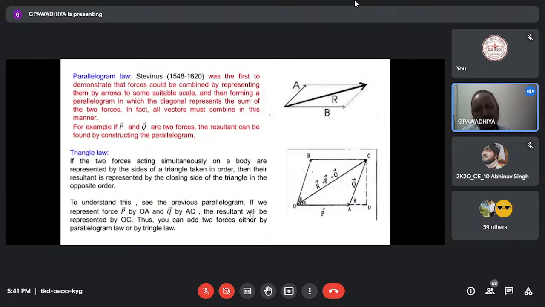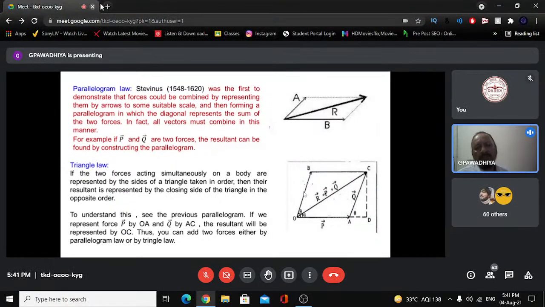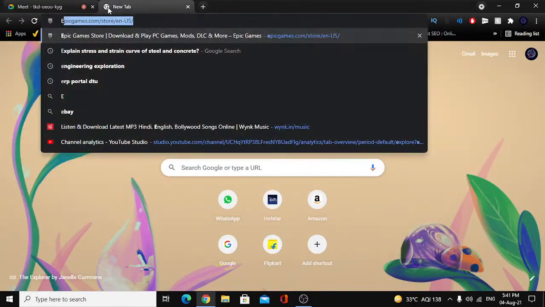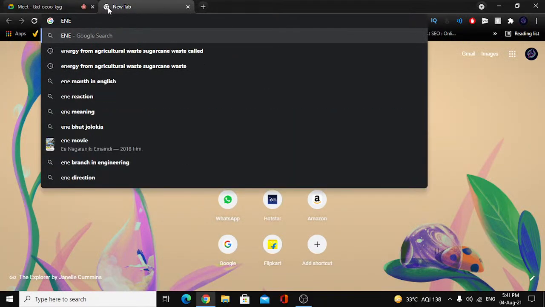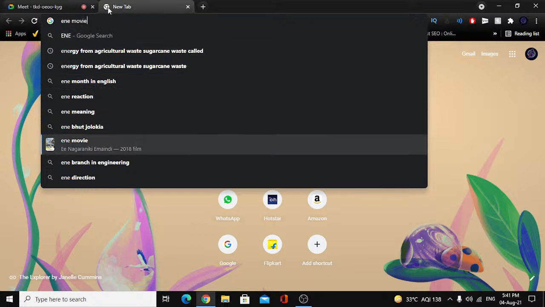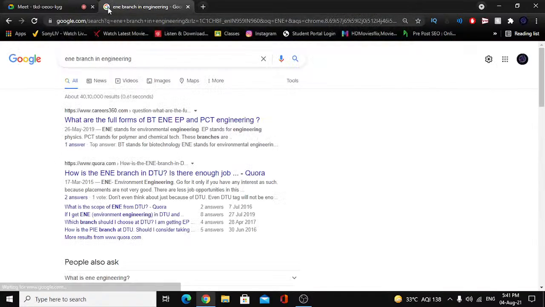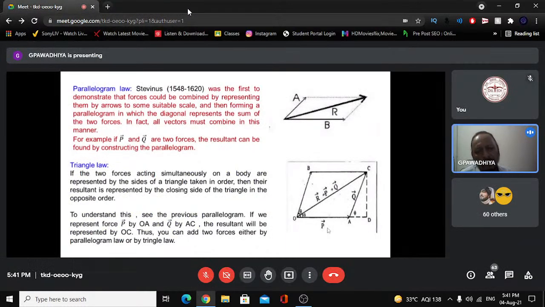Suppose there are two vectors, A and another vector B, then what we can do, we just shift the vector B to a new location at the head of A. So we connect the tail of vector B with the head of vector A, or vector P and Q in this manner. And if we connect the tail of the first vector to the head of the other vector, we get a new vector that represents the resultant vector, its magnitude and its direction also.